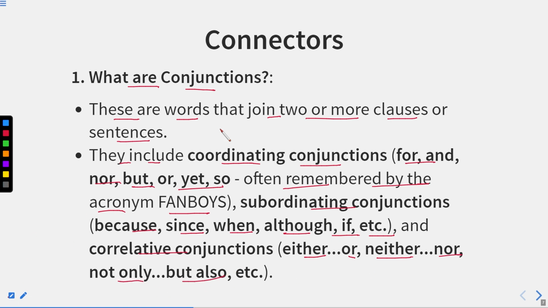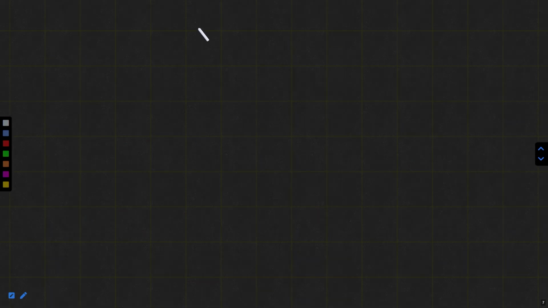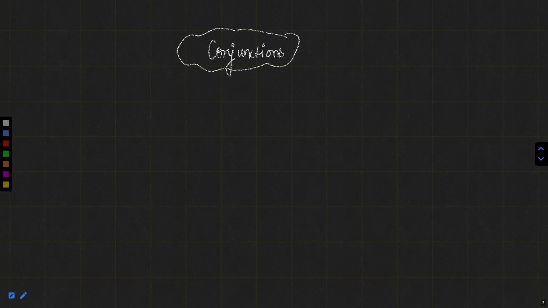Now let me describe one thing over here. This one is very simple and important too. First of all, we have a topic that is conjunctions, and we'll read this topic entirely. These conjunctions are of two types. What are the two types?